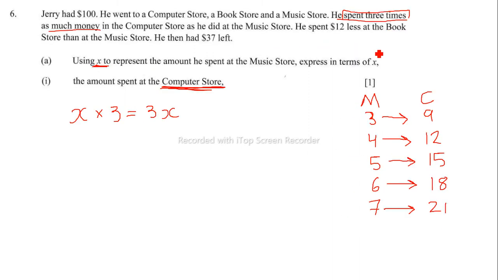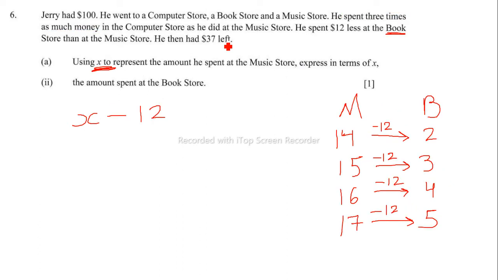Now, according to the question, they tell us that he then had $37 left. Okay, so that means he had initially $100.